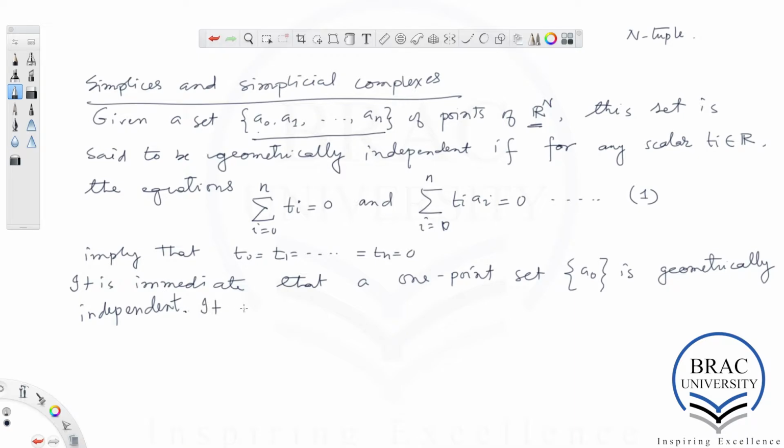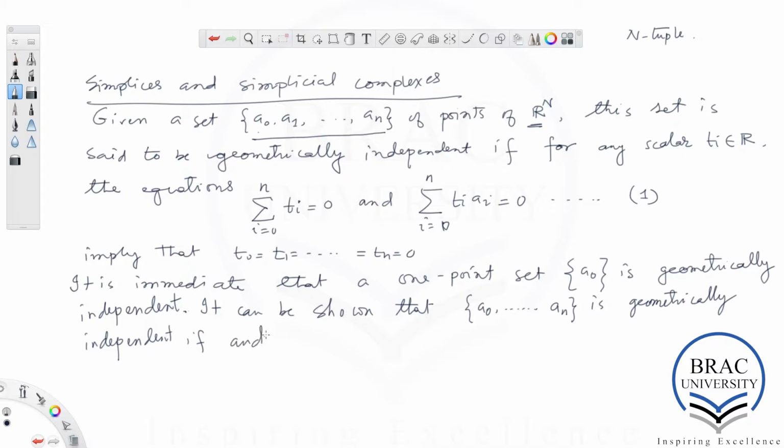It can be shown that this set consisting of n plus 1 points in R to the big N is geometrically independent if and only if the following vectors in R to the big N, a1 minus a0, a2 minus a0, all the way up to an minus a0.